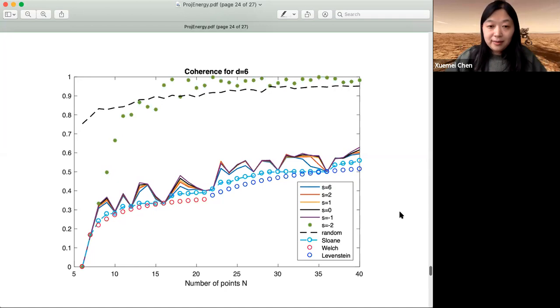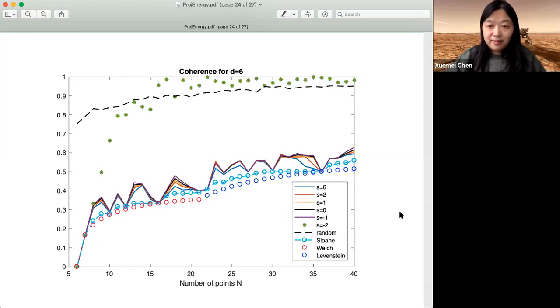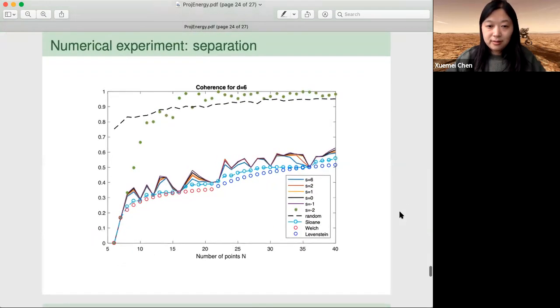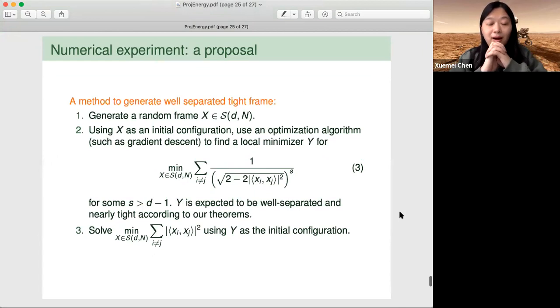Okay, so this actually provides somewhat of an idea to generate well separated and exactly tight frames, at least numerically, and that's something nice to see.